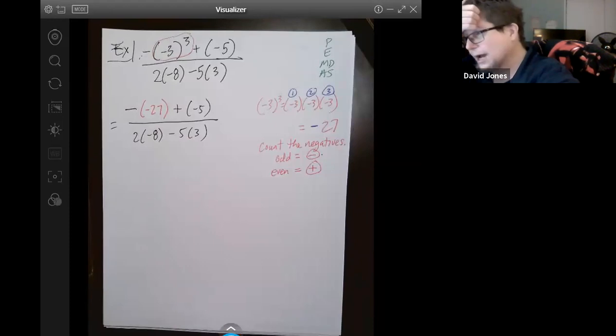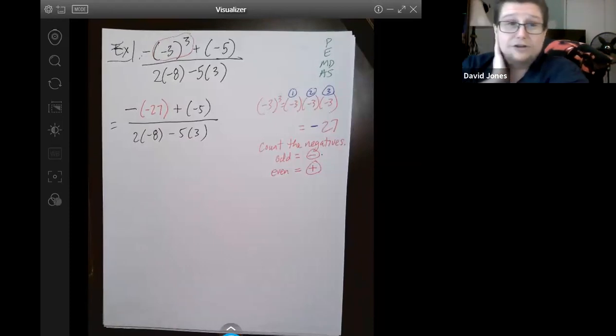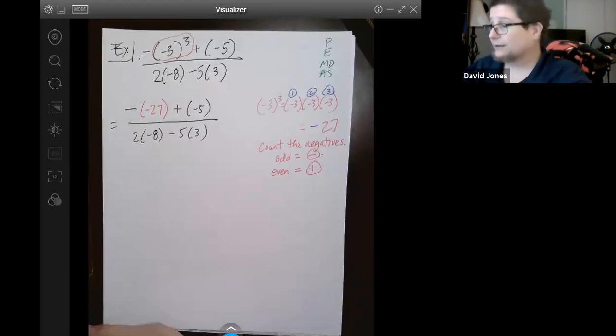The reason why I don't do anything for the parentheses is that in every parentheses that I can see, not the invisible ones, but every parentheses I see, I only have a single number inside of it. Okay? I'm down to a single number. The parentheses really don't do anything here, other than the one with the cubed.